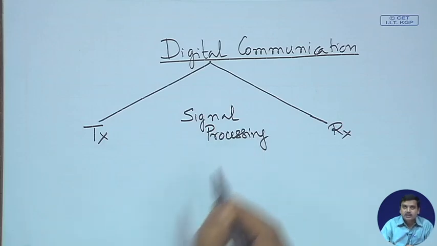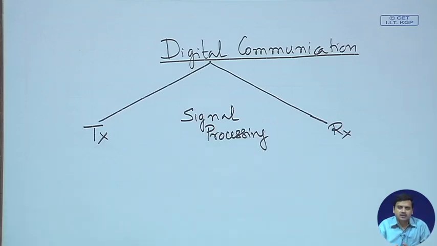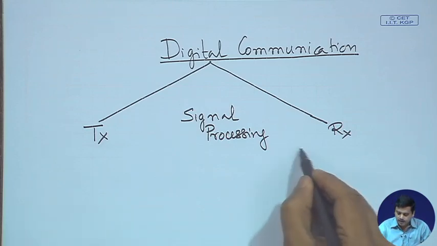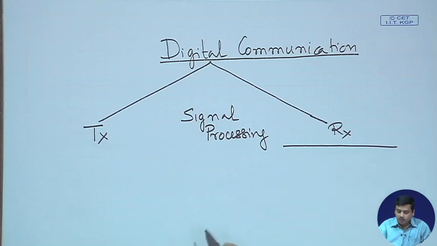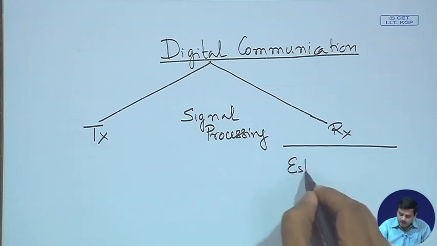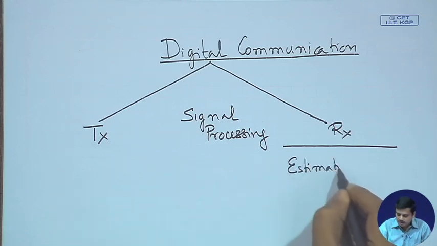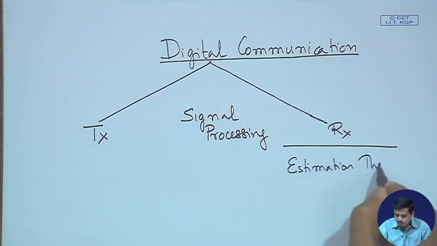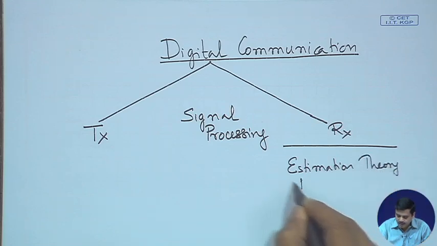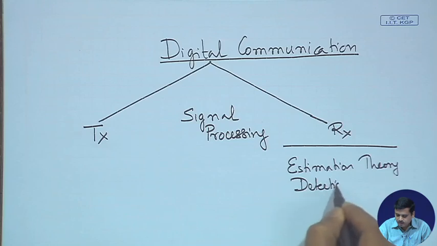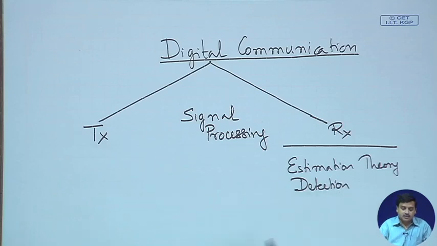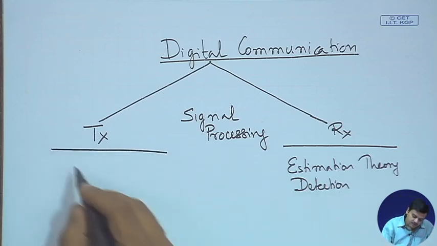All the things that we did at the receiver, channel estimation, equalization, carrier frequency estimation, clock estimation, are signal processing. So, at the receiver we can say we are using estimation theory and detection theory, because we are detecting the signals.